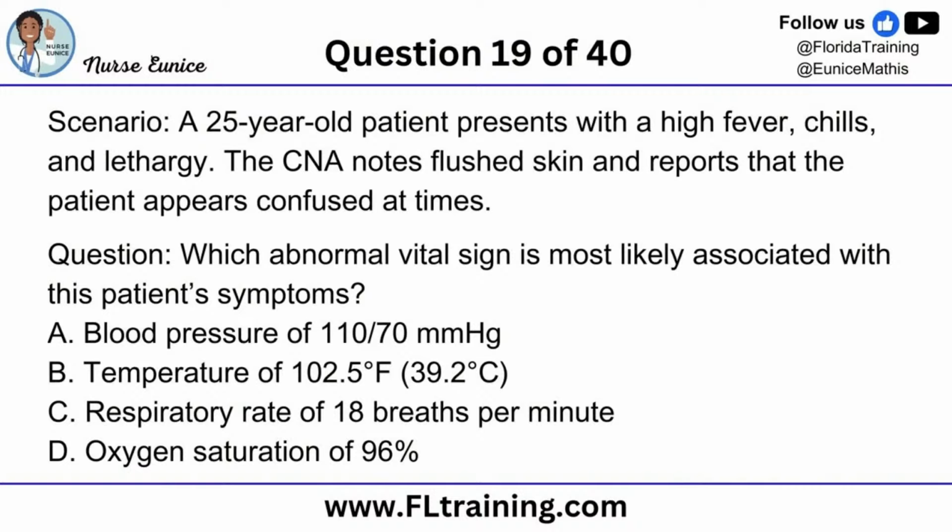Question 19. A 25-year-old presents with a high fever, chills, and lethargy, meaning that they're hard to arouse. The CNA notes flushed skin and reports that the patient appears confused at times. Which abnormal vital sign is most likely associated with the patient's symptoms?